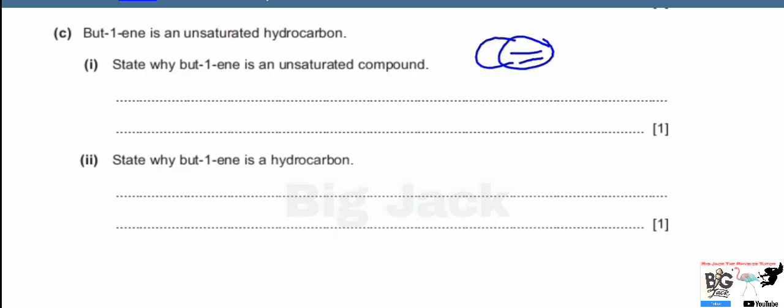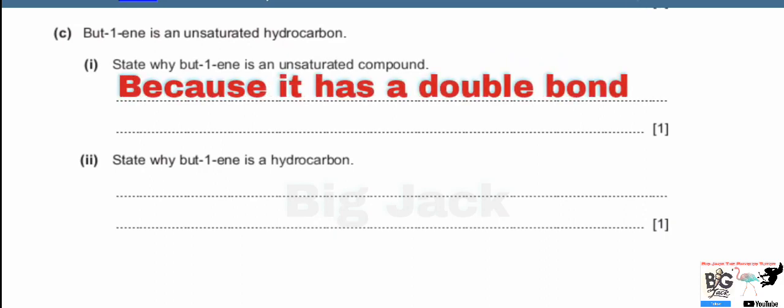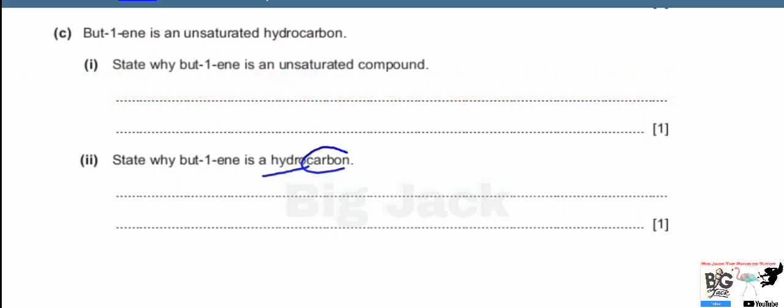That's a double bond. So we are going to say because it has a double bond. Roman numeral 2, state why but-1-ene is a hydrocarbon. Hydro comes from hydrogen, and carbon comes from the carbon atom. So we are going to say it contains hydrogen and carbon atoms only.